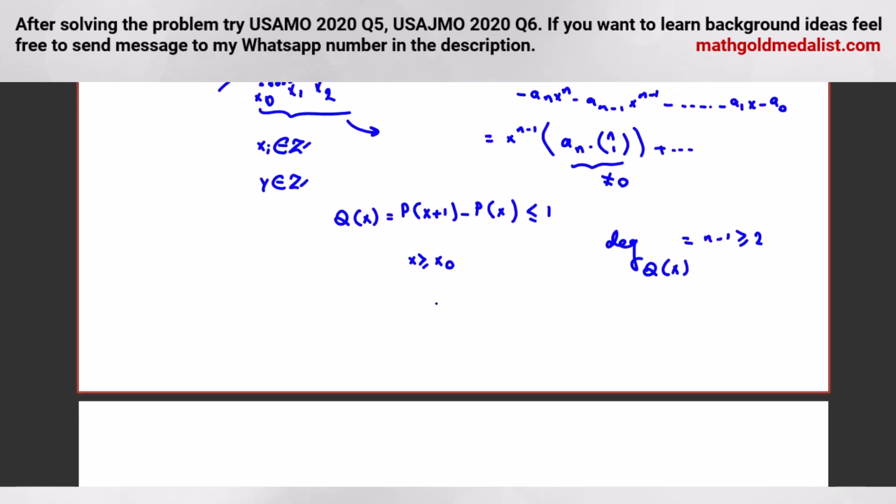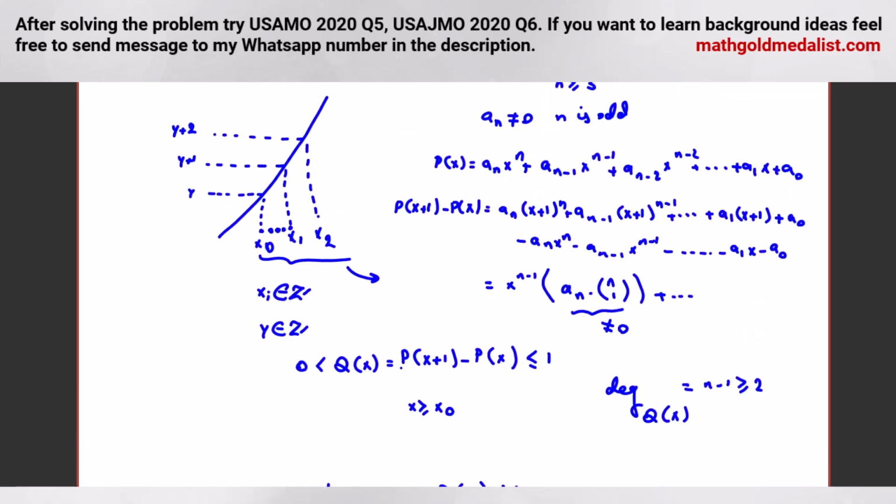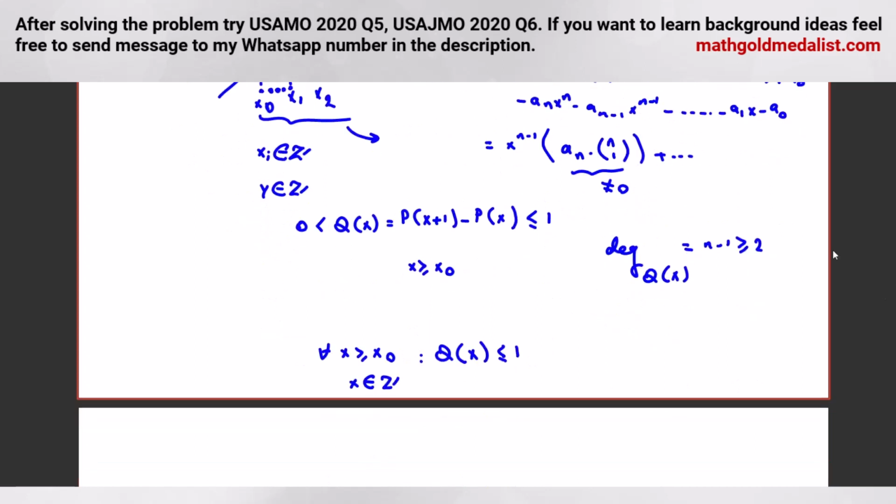For all x greater than or equal x0, x integer, q of x is less than or equal 1, right? And do you agree p of it is also positive, right? Agreed? So we can conclude this. Is it possible?